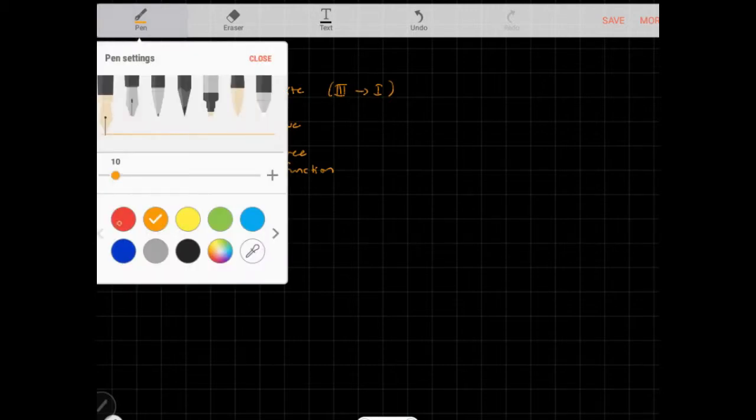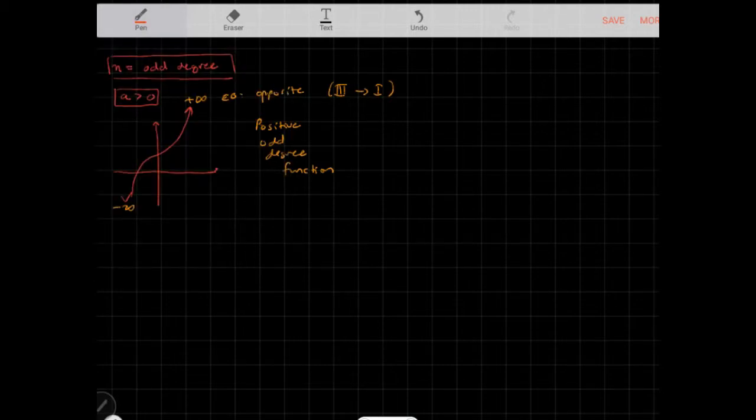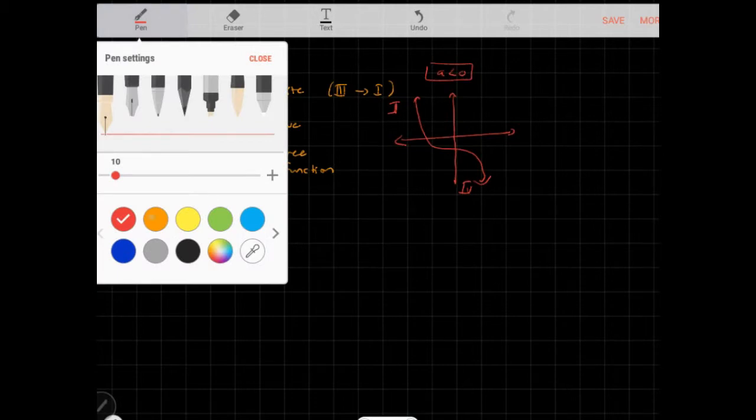And if A is less than 0 and you still have an odd degree, then basically what your function will look like is this. This was quadrants 1 and 3, and this is quadrants 2 and 4. So in a negative odd degree function, the end behaviors are still going to be opposite.